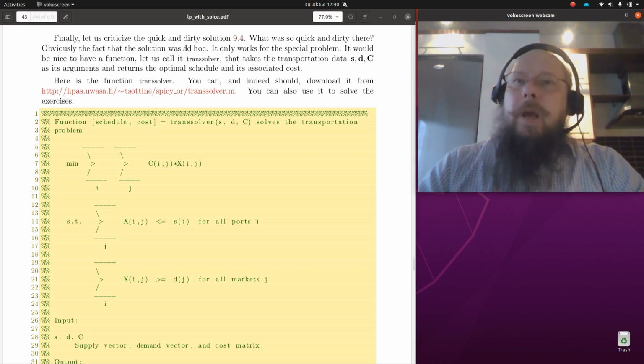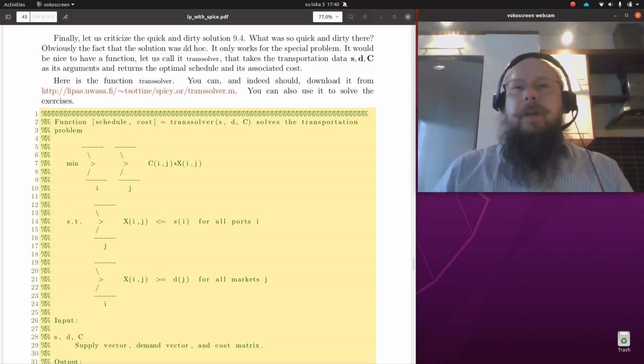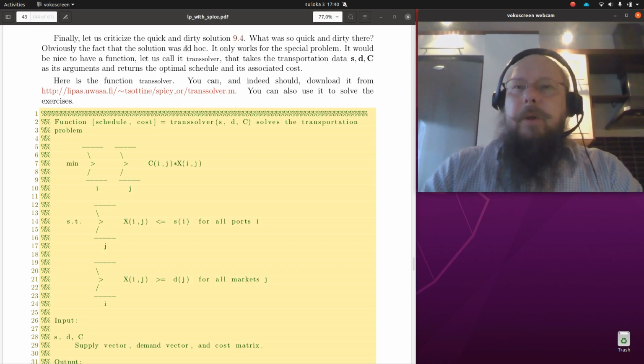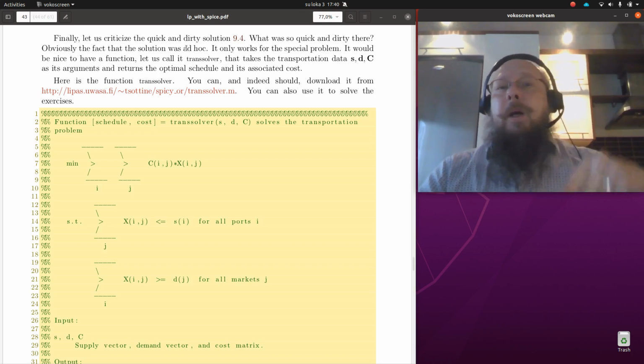And yes, if you have to solve one problem, ad hoc solutions are good because they are quick to do. But then suppose that you want to solve these transportation type problems, many of them, then it's kind of tedious and extremely boring and error prone, really, to always do an ad hoc solution.